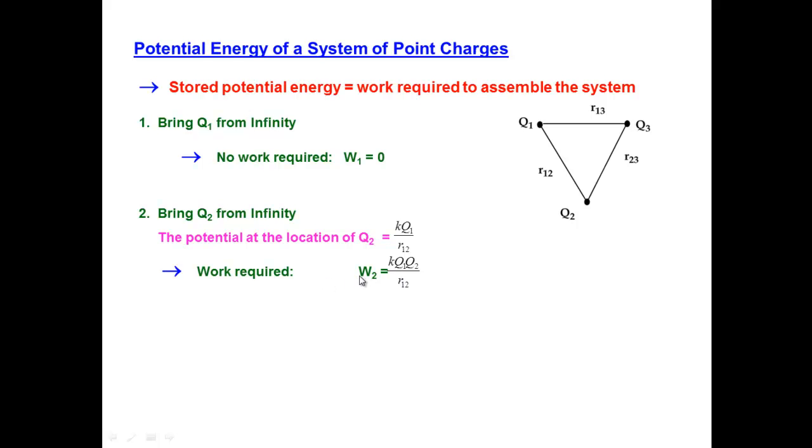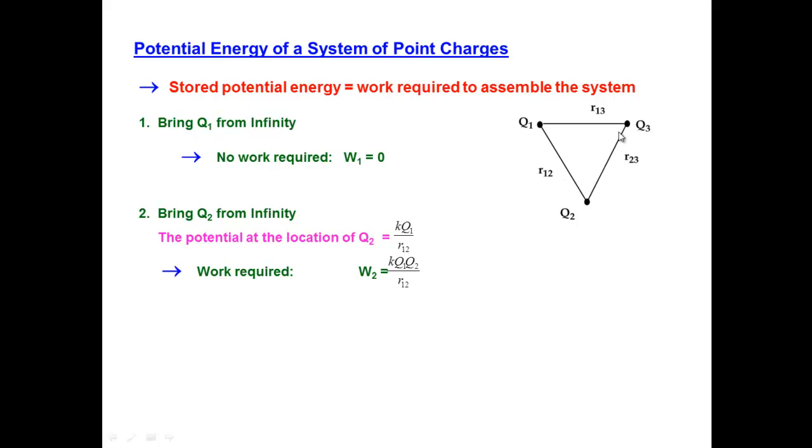So the work it takes, the stored potential energy, is just Q2 times the potential, right? So U is Q times V. We developed that equation several slides back. So the work done is now K times the product of the charges over the distance between them. That's the energy that's stored, the potential energy that's stored in Q1 and Q2 when I bring them to this final distance.